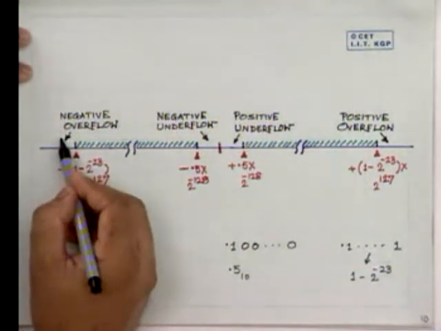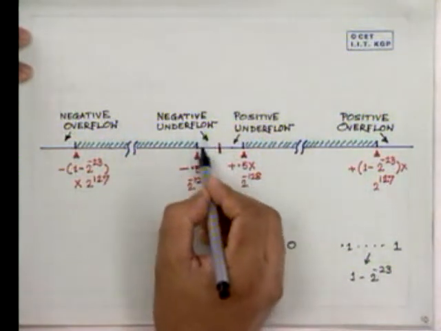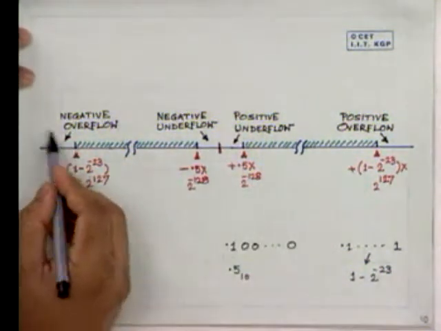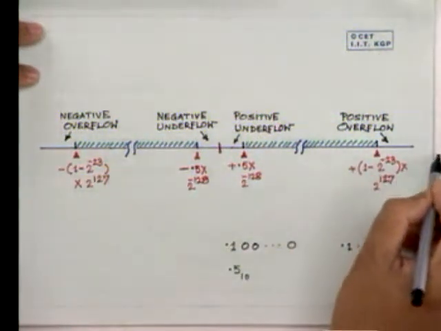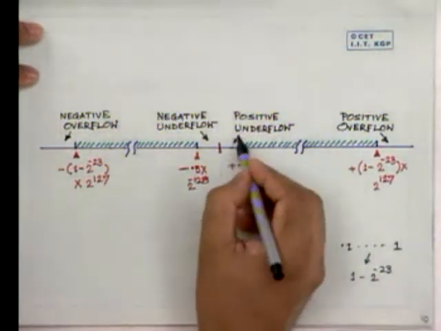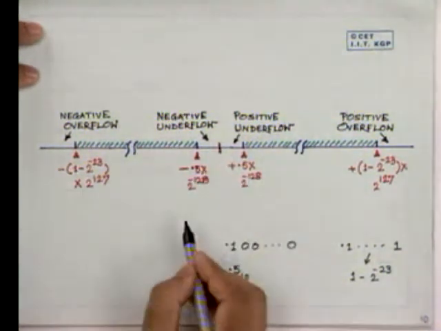There will be negative overflow beyond this and a negative underflow here. No numbers beyond these can be represented, and no number can be represented around here and around here.